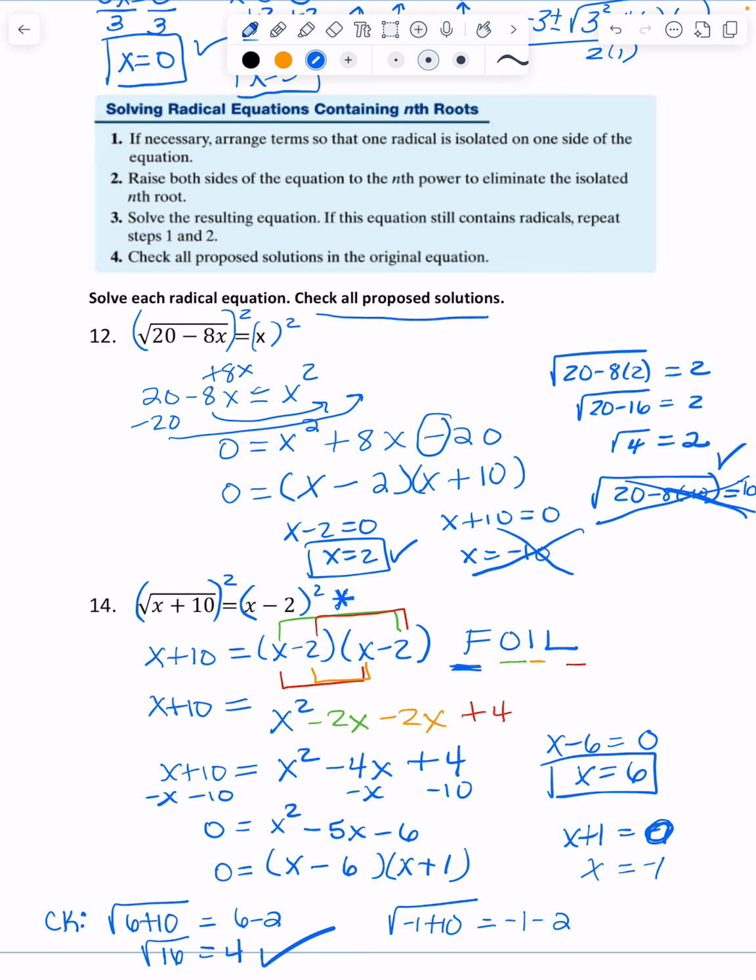And I get the square root of positive 9 is equal to negative 3. A square root cannot be equal to the negative, so we're going to have to say that is not a good answer. We're going to throw negative 1 away, and the only answer that we have here is positive 6. You must check all proposed solutions. If you thought that one was fun, you're going to love the next one.